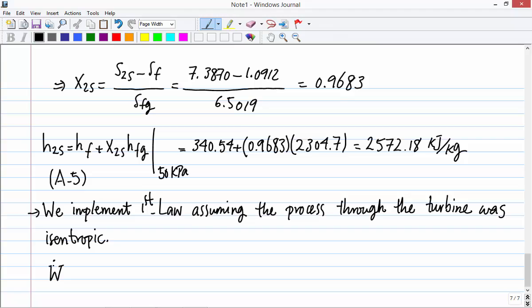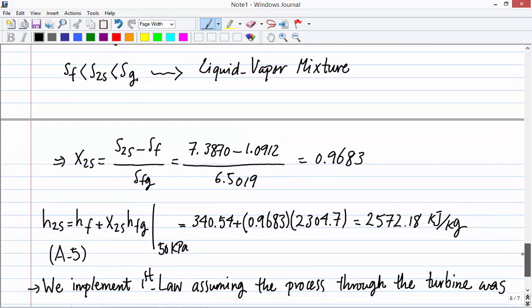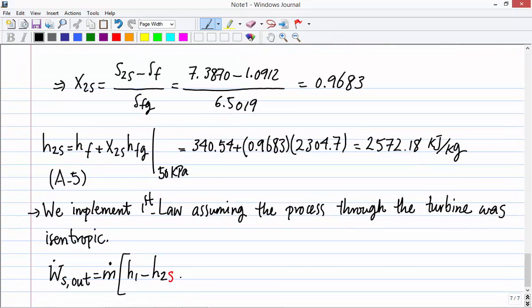Therefore, W dot S, the isentropic outlet, equals M dot times H1 minus H2. Oh no, 2S. 2S. You need to keep this in mind. Now everything is isentropic. I'm looking for this guy. Plus, and velocities are the same. Velocities are the same. Just the enthalpy has changed.